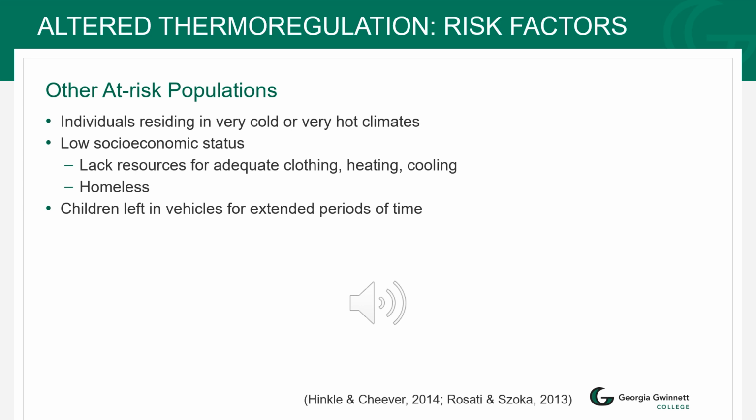I was reading in my preparation for this presentation that there are hundreds of children annually, and you have heard it on the news, I'm sure, that are left in cars for extended periods of time, and they are at risk for hyperthermia in that instance, and heat stroke.